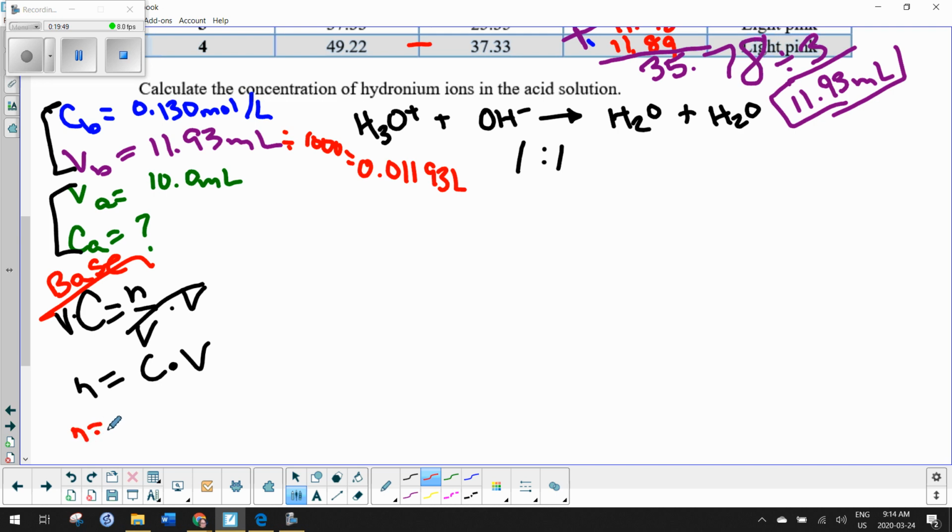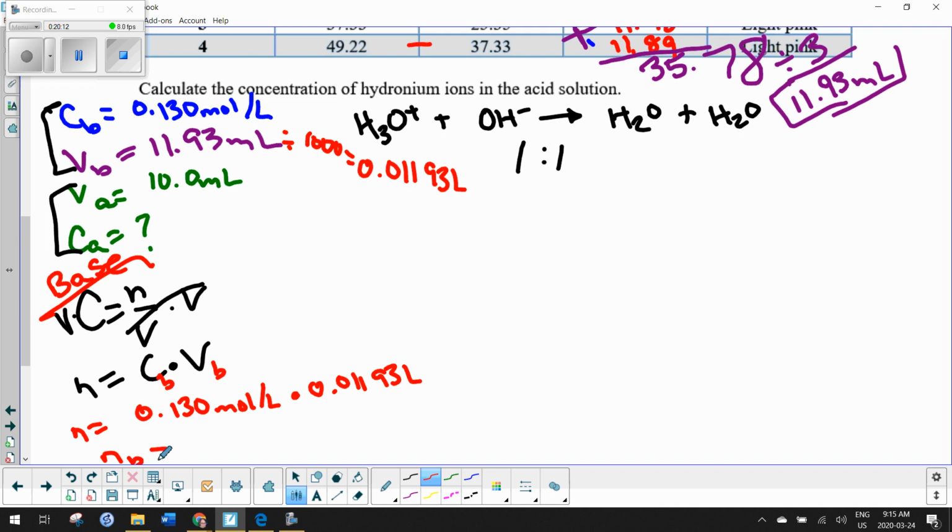So N equals the concentration of my base, 0.130 moles per liter, times the volume of my base, which was 0.01193 liters.